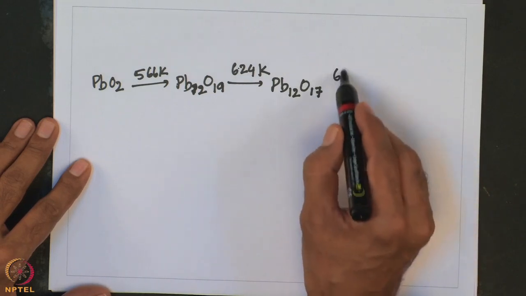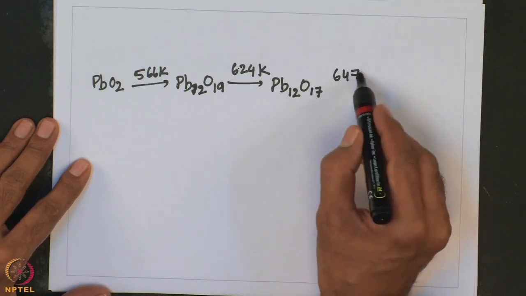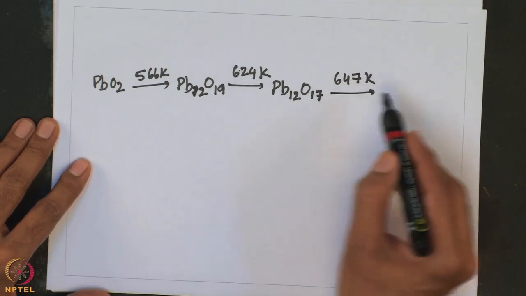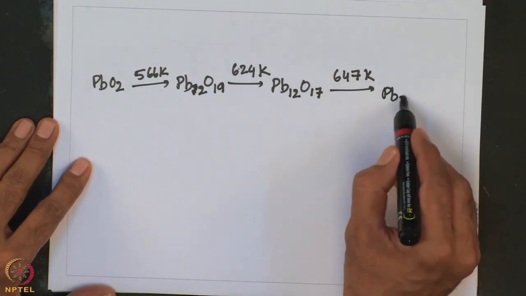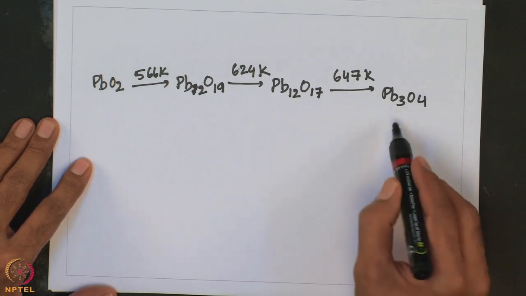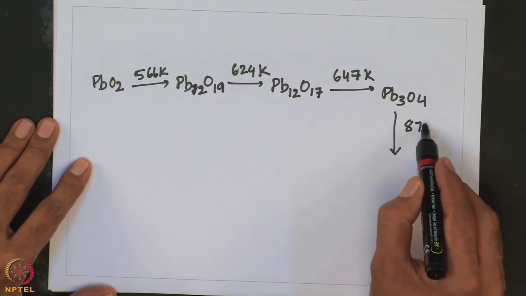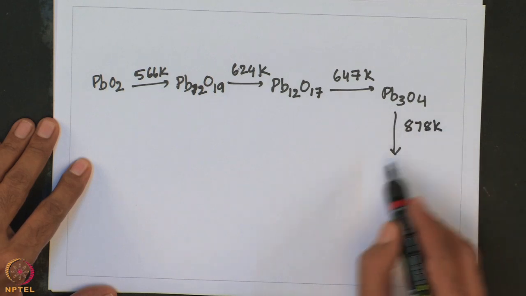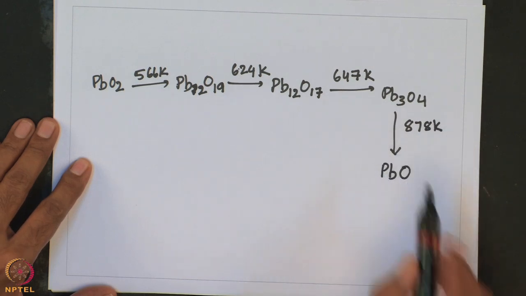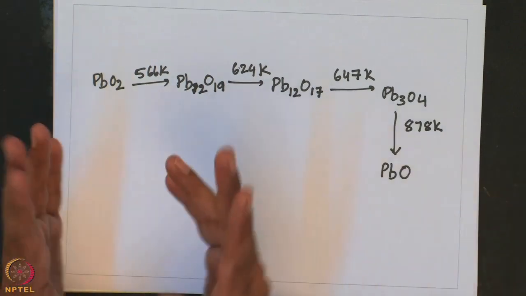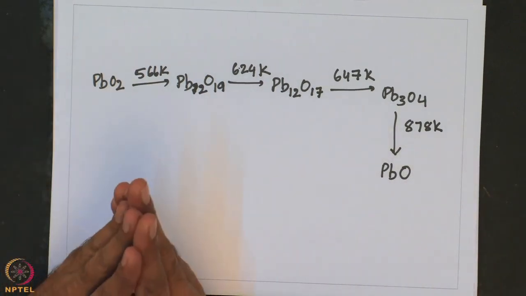So, this on heating to 647 Kelvin gives Pb3O4, which eventually gives PbO on heating to 878 Kelvin. Okay. So, this is how you can see. Of course, PbO2 is highly oxidizing in nature and gets reduced to Pb2+ compounds such as PbO.